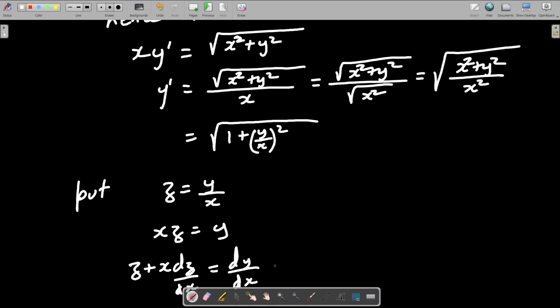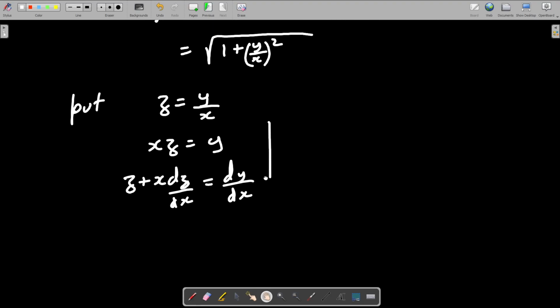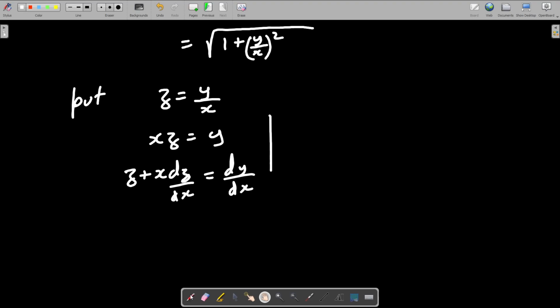So substituting in the given differential equation, this will become z plus x dz by dx equal to root of 1 plus z square.